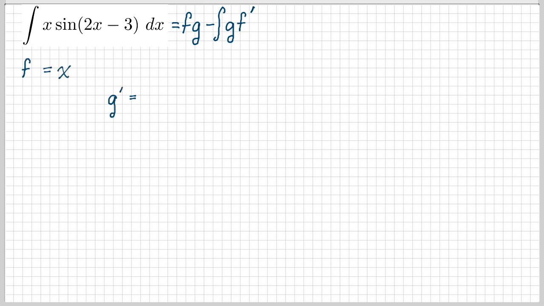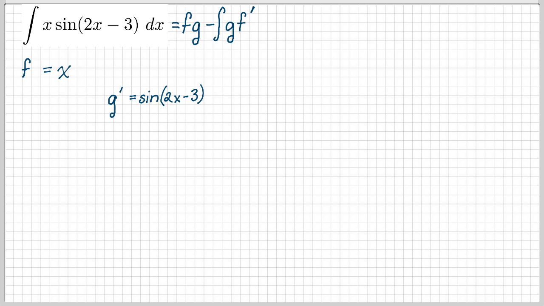And so f is going to equal x, and g prime will equal sine of 2x minus 3. And I need that product to be exactly what's in the integral. Now some of you are saying, but we have an inside function, why aren't we doing u sub? And you totally could, and in fact we will need to find g, but I'm going to wave my hands on that, and we'll have to do exactly the same u substitution a little bit later.